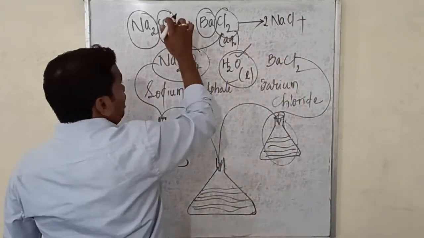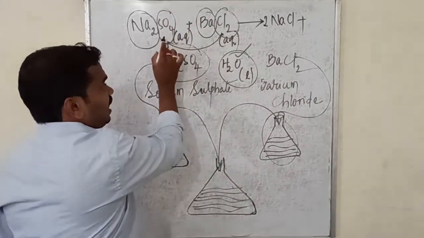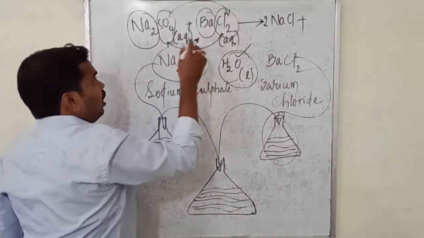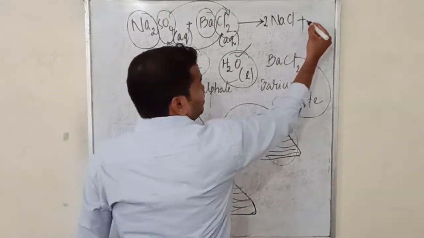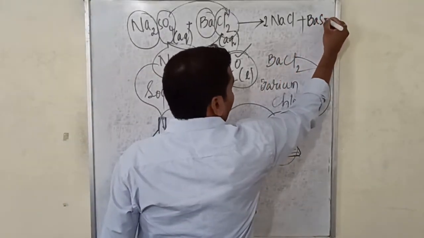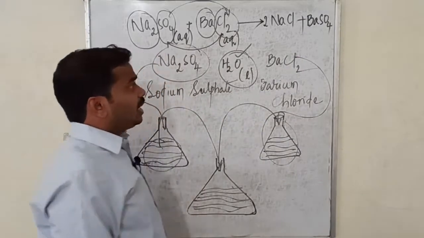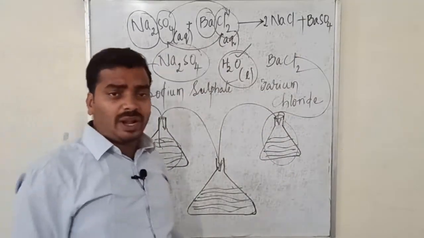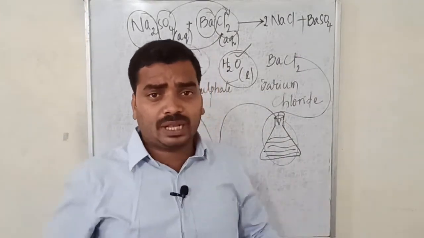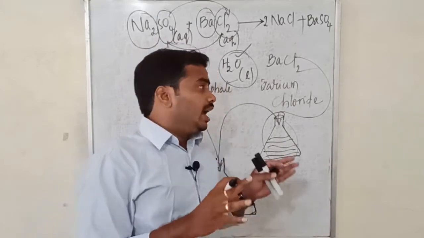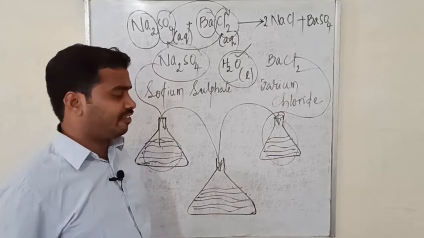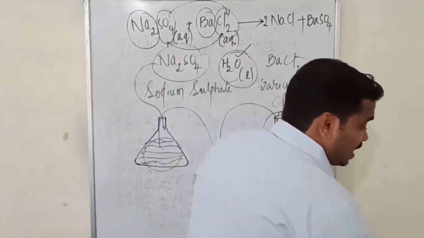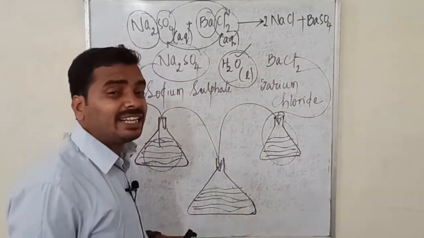Chlorine has moved here, and at the same time this radical sulfate will move from sodium sulfate and gets attached to the barium, forming barium sulfate, BaSO4. Remember, this kind of reaction, when two radicals move from their places and ensures that the reaction is taking place, then such kind of reaction is called as double displacement reaction.